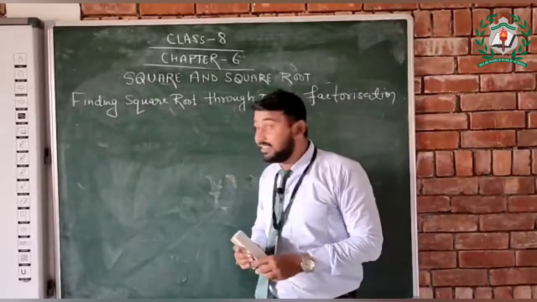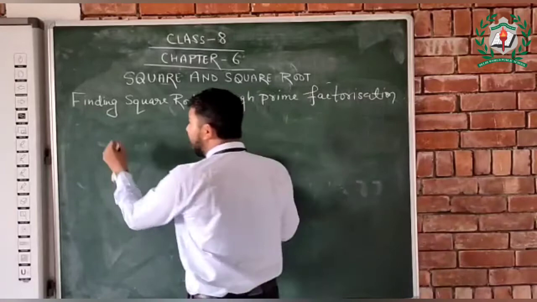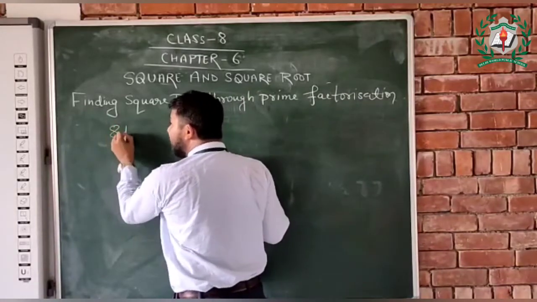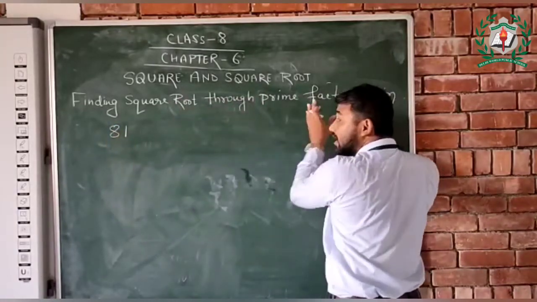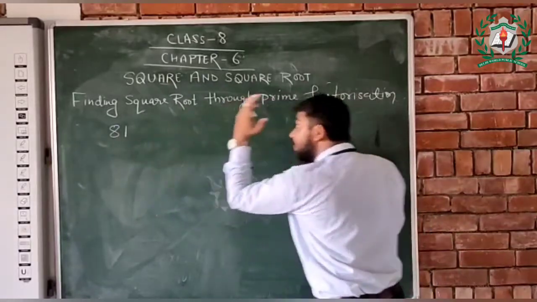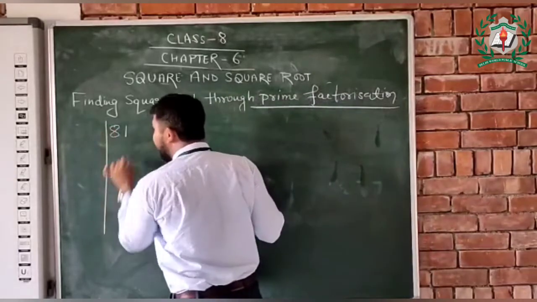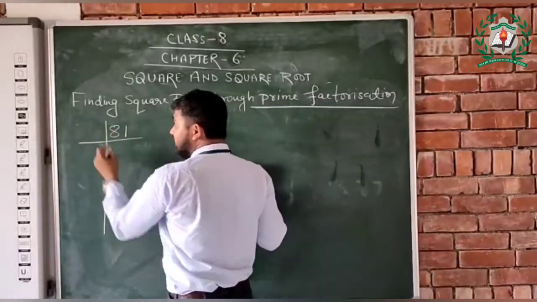How to find that? This is the second procedure. If you want to find the square root of 81 by prime factorization, so what you will do? Factor 81.